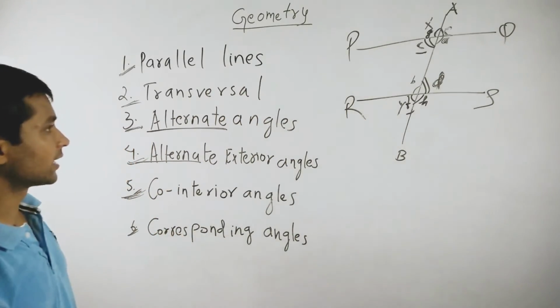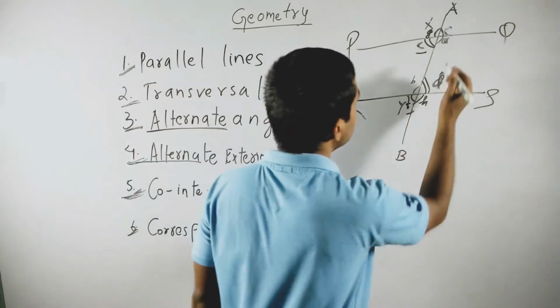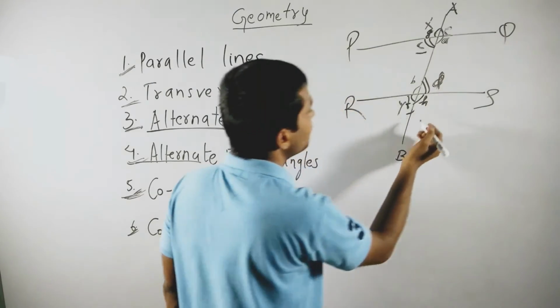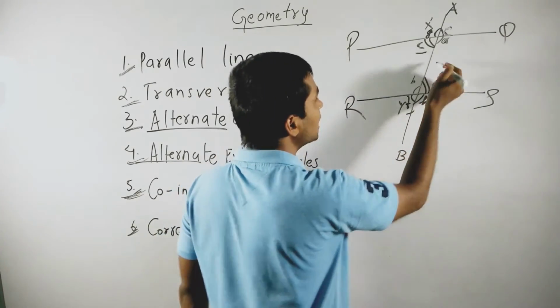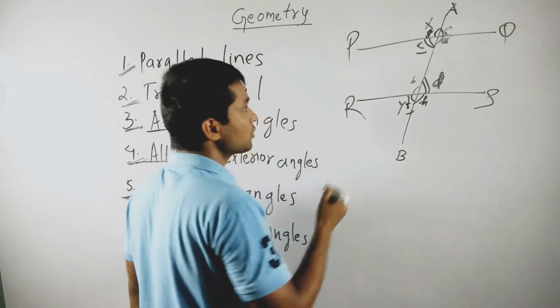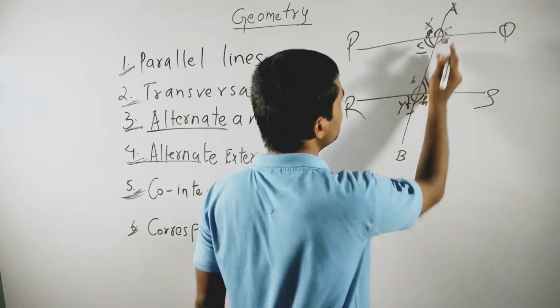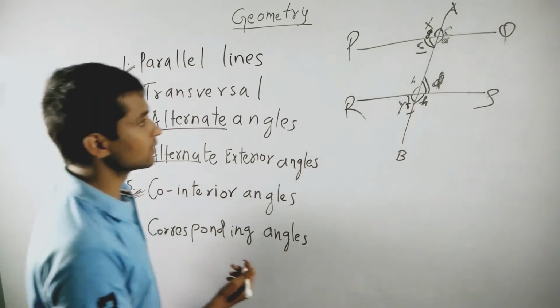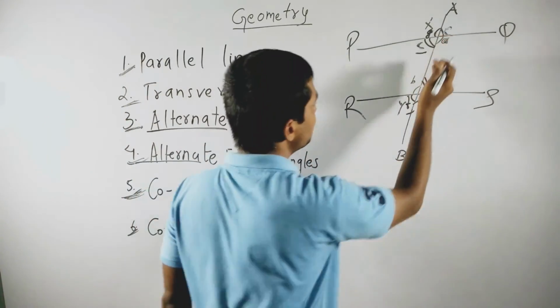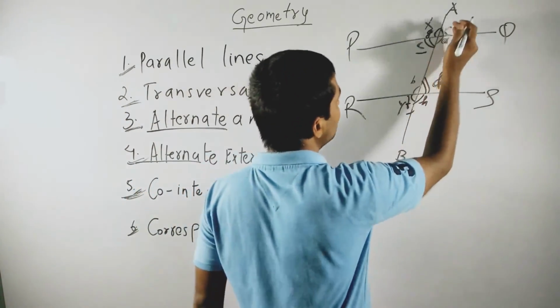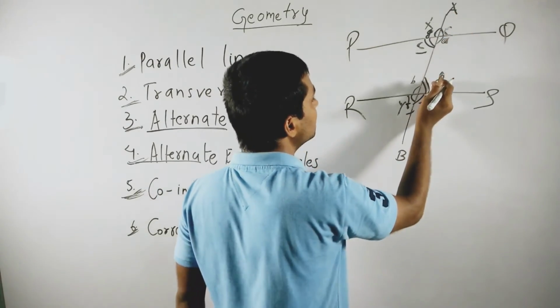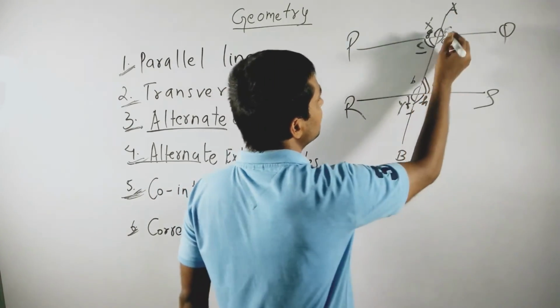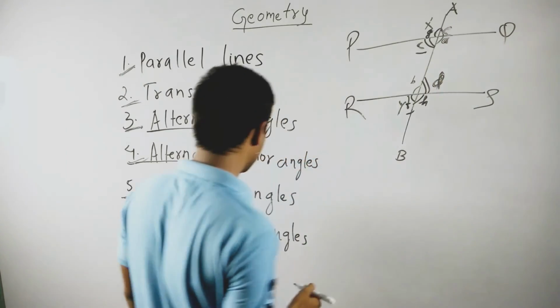Next is co-interior angles: two angles lying on the same side, both lying on the interior side. The sum of the two co-interior angles is 180 degrees. And the last one is corresponding angles, lying on the same side, with one of them on the exterior side and one on the interior side. For example, E and D are corresponding angles.